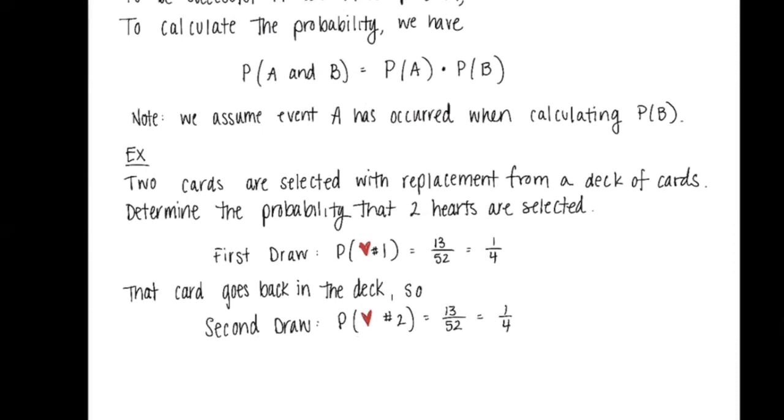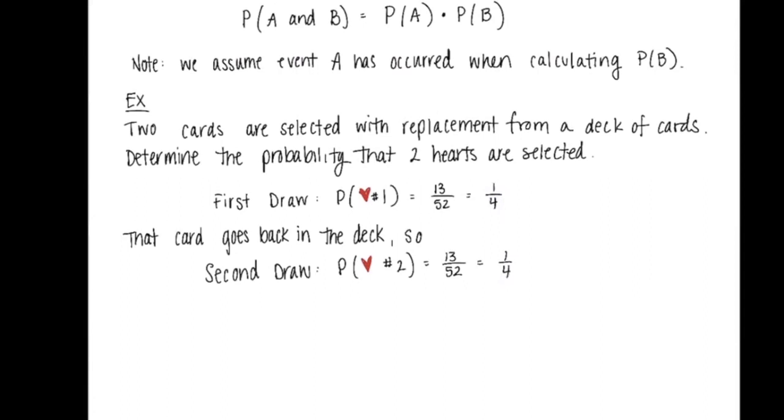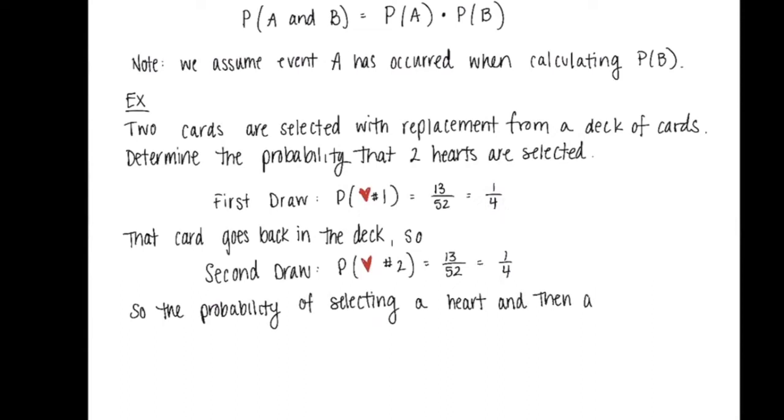So my probability that I get a heart followed by another heart is just the product of these two. So the probability of selecting a heart and then another heart with replacement is the following.